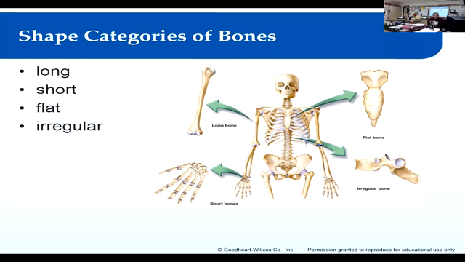And then last one on here is irregular, and these are just all of your irregularly shaped bones. So the vertebrae that's in the spine, those are irregular bones. Some of the facial bones are irregular, and then the hip, like the pelvic bones, those are considered irregular bones.